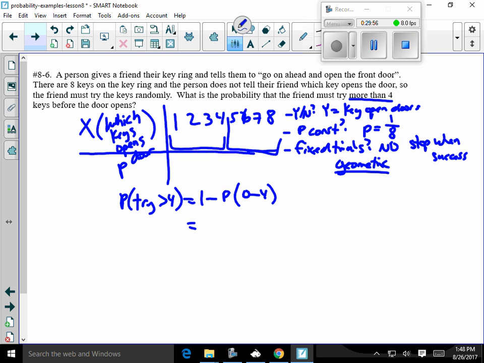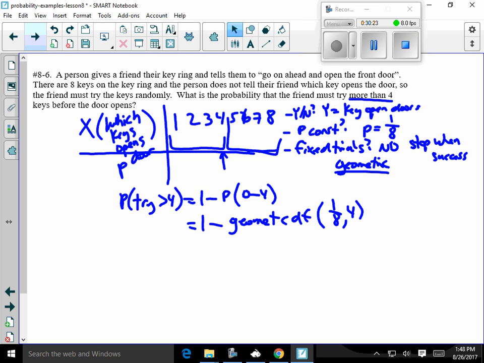So 1 minus, this time we're going to use the geometric, and since I'm going to combine a number of trials here, I'll use the C version, CDF, right? Now, the geometric one, we don't have a total, so we just give it the probability of success, which is a 1 out of 8 chance of any key working, and then we have to give it the number of trials we're going to go up to. So this would be up to and including the 4th key, so 4.